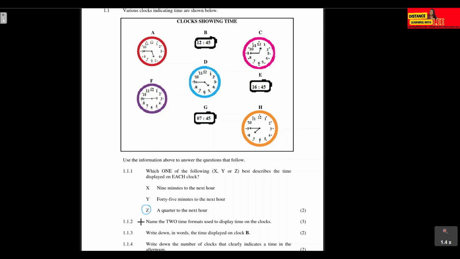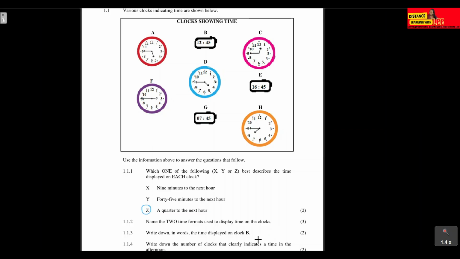So when it comes to giving an answer for this question, we can just say that the two time formats used to display time on these clocks are analog and digital time format, or you can just say 24-hour time format and a 12-hour time format. Either one of those answers will be accepted.